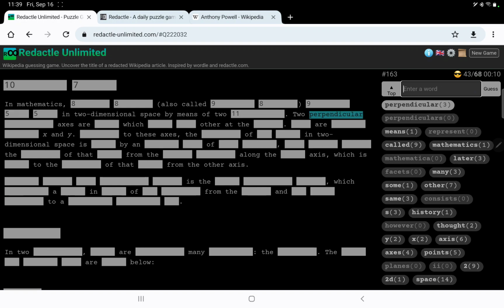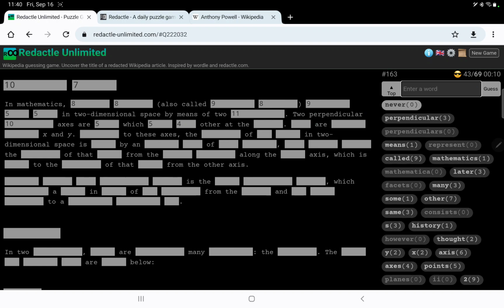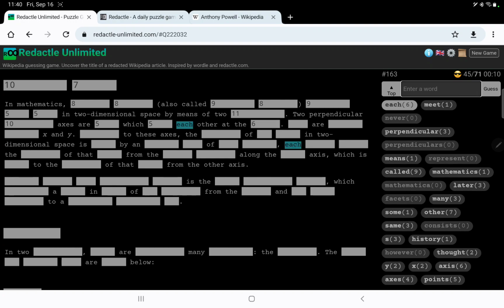Oh, there we go. Two perpendicular something axes are, which never meet each other, of course. No? Which 5, 4 each other. Oh, well, they do actually, of course. They do meet.